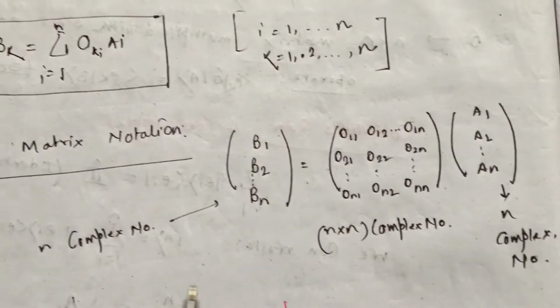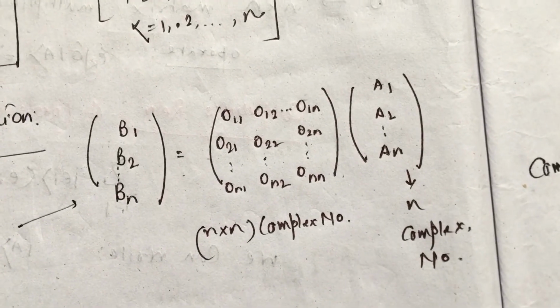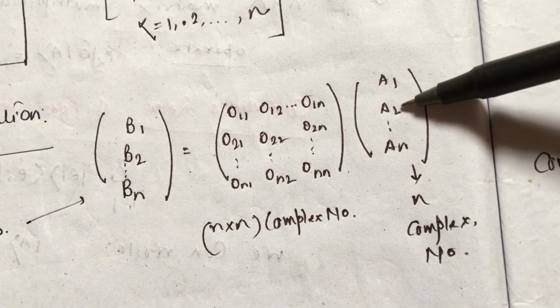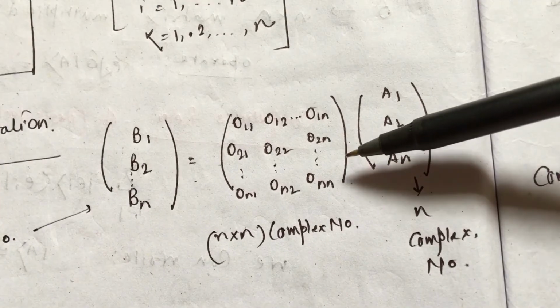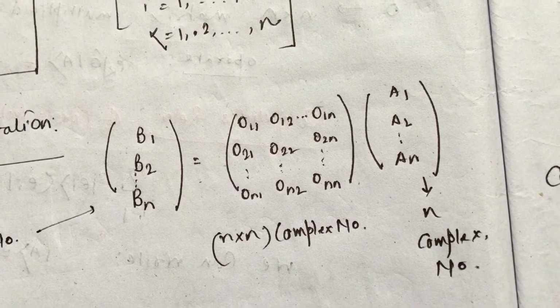In matrix notation, this relation will take the form like this. A is a column matrix, which means it is a set of n complex numbers. O is an n by n matrix with n square complex elements.